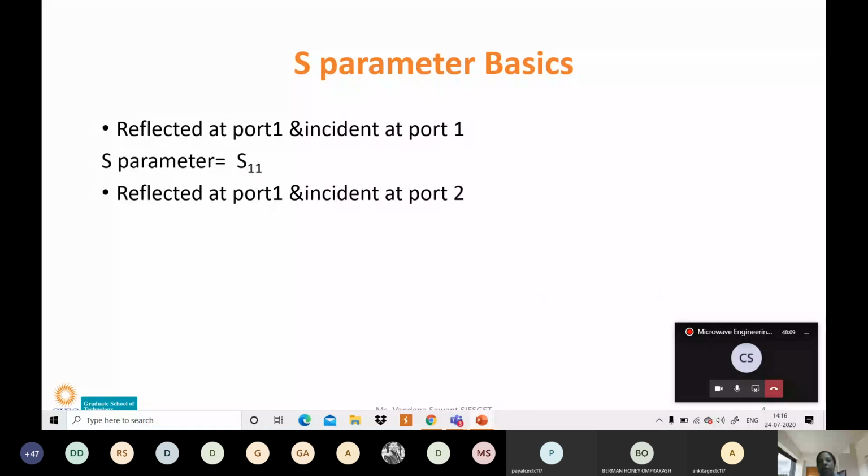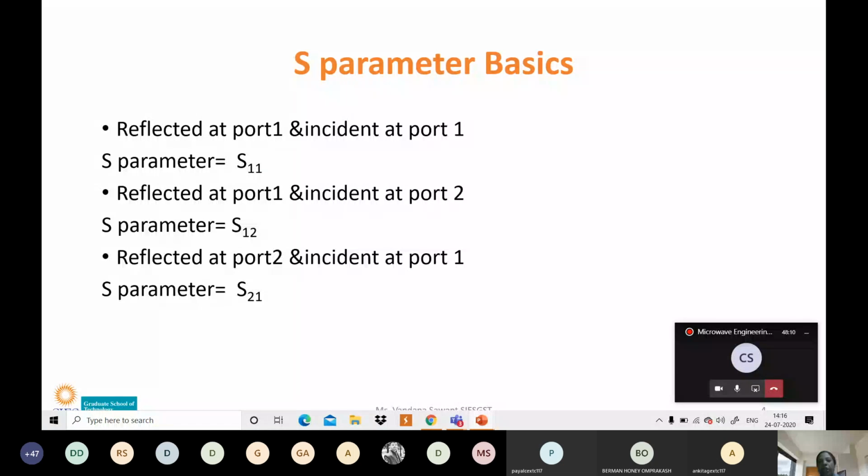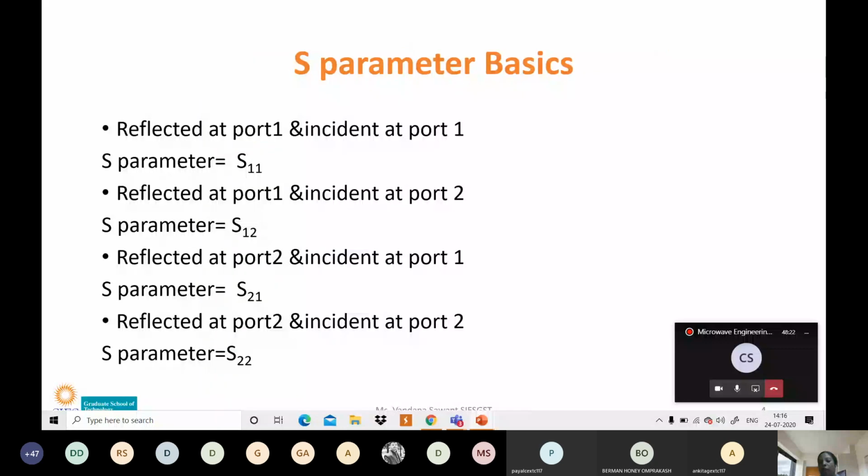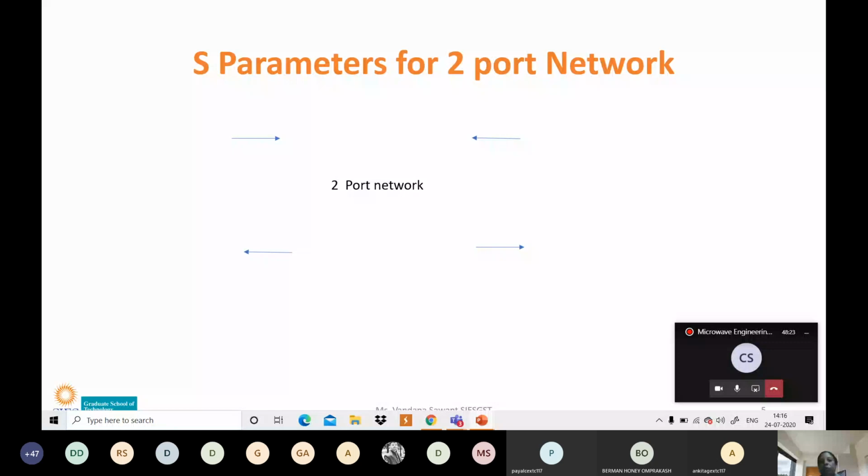First, I will tell you how this is. For drawing the two-port network, or any network having different ports, the symbol is a square. So for a two-port network, first we need to draw a square. Then, as it is a two-port network, we have to create two ports here.